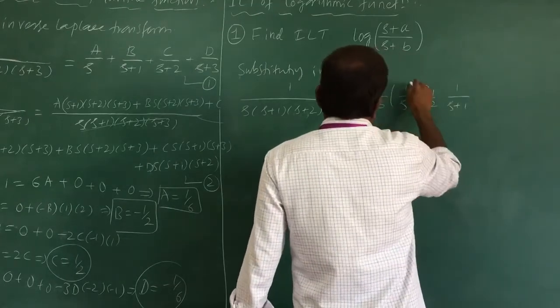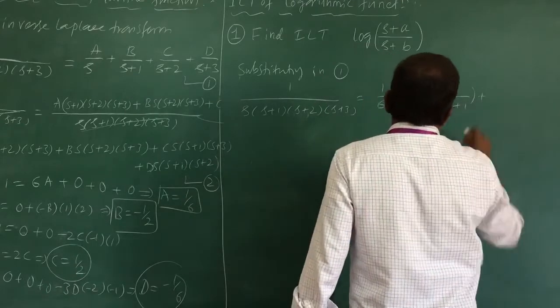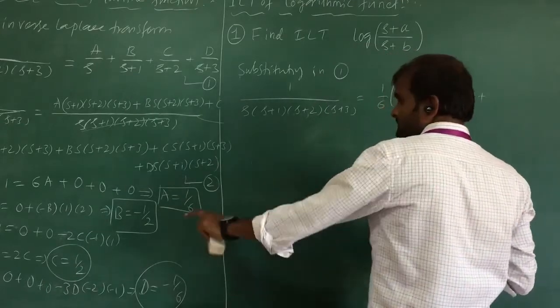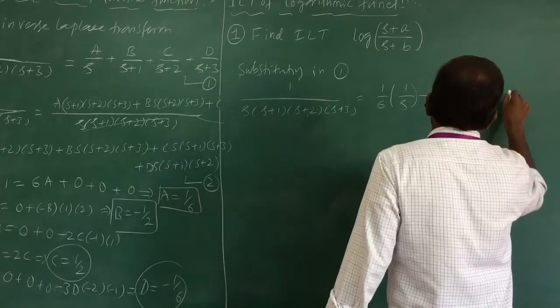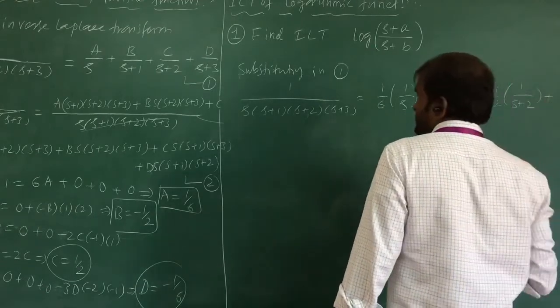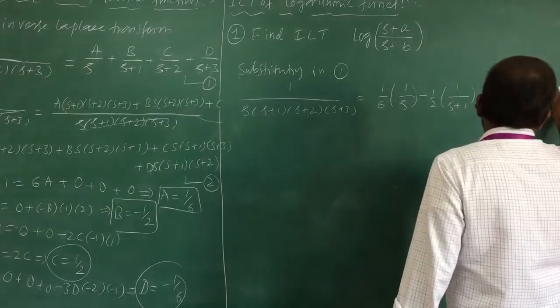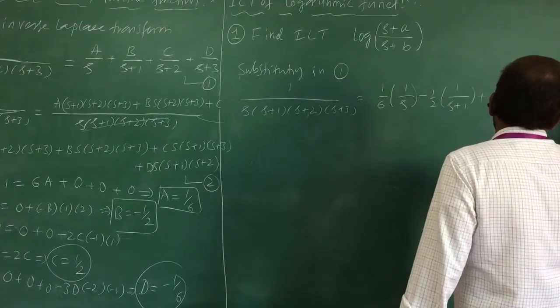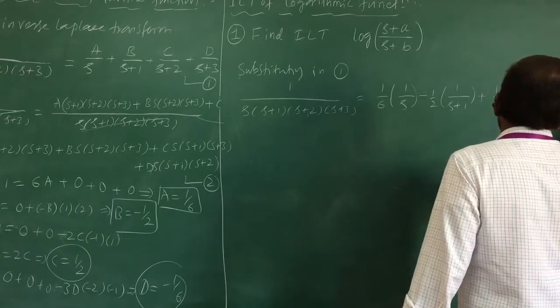You can put it in brackets, no problem. Plus c is 1 by 2, 1 by 2 into 1 by s plus 2, and d is minus 1 by 6, minus 1 by 6 into 1 by s plus 3.